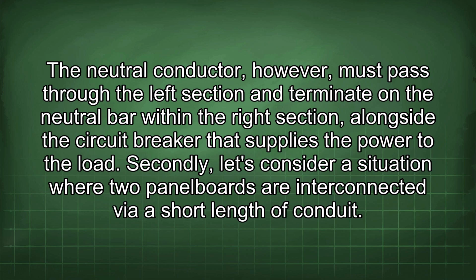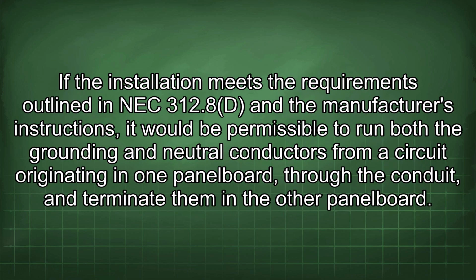Secondly, let's consider a situation where two panel boards are interconnected via a short length of conduit. If the installation meets the requirements outlined in NEC 312.8(D) and the manufacturer's instructions, it would be permissible to run both the grounding and neutral conductors from a circuit originating in one panel board through the conduit and terminate them in the other panel board.